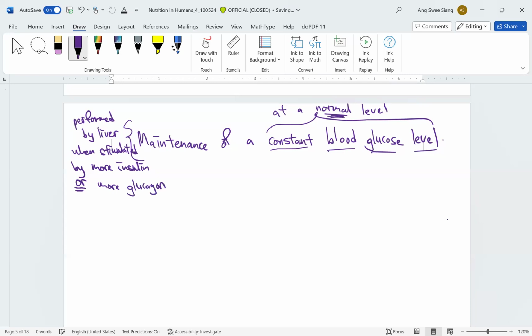So the liver will perform this function when it is being stimulated by more insulin or more glucagon.